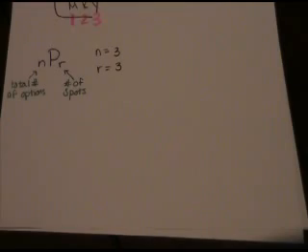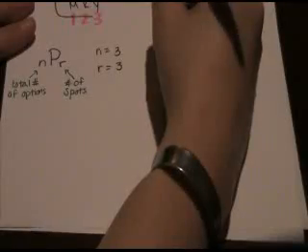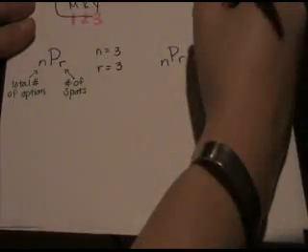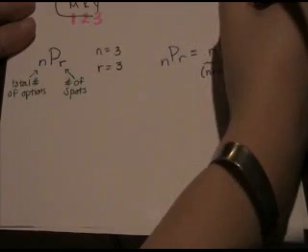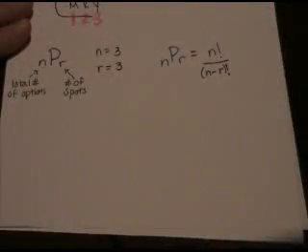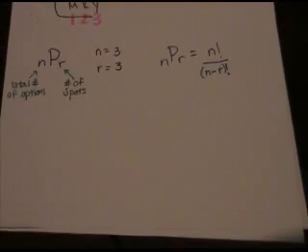Okay, so here comes the big bad formula. nPr equals n factorial over (n minus r) factorial. Just a subtle difference.